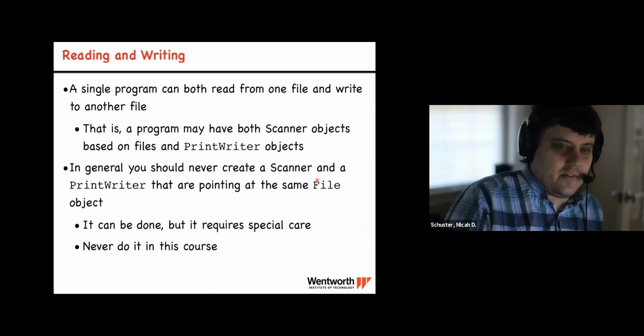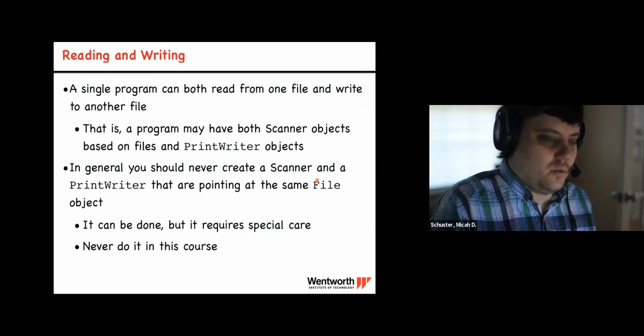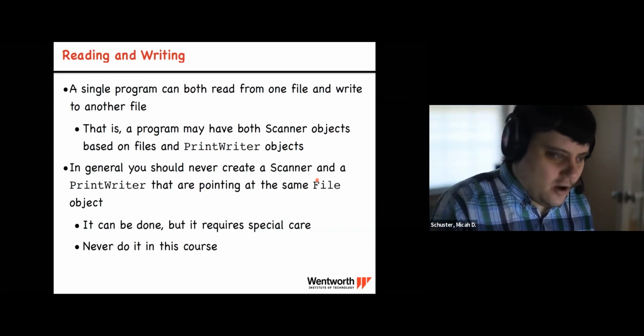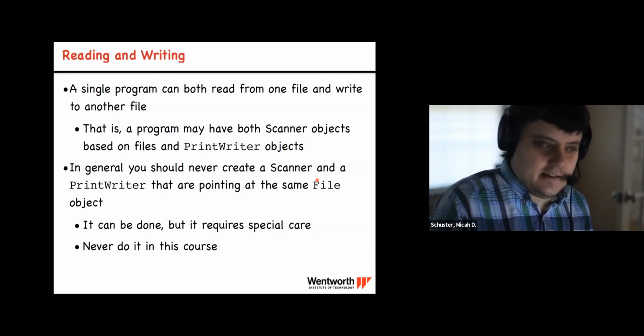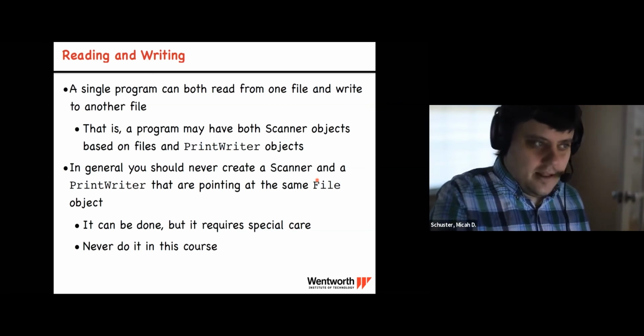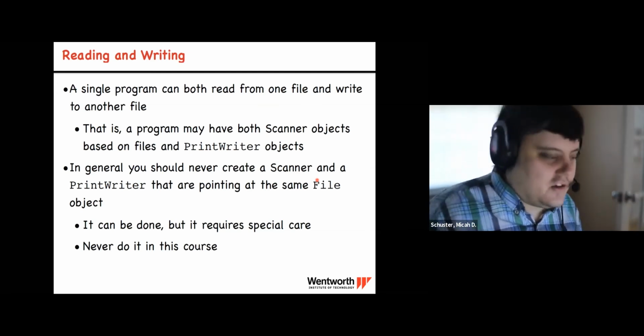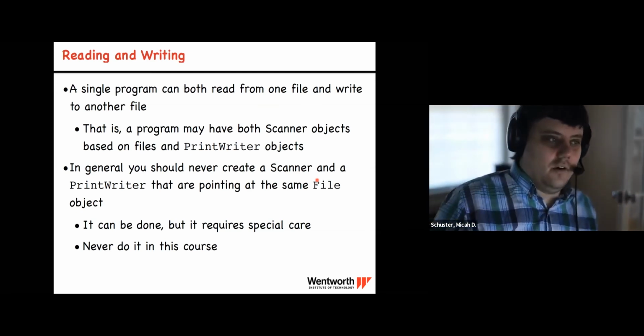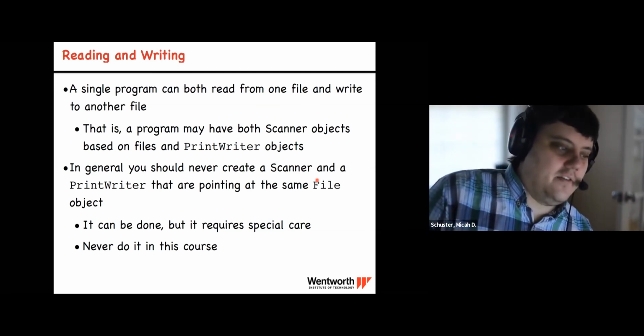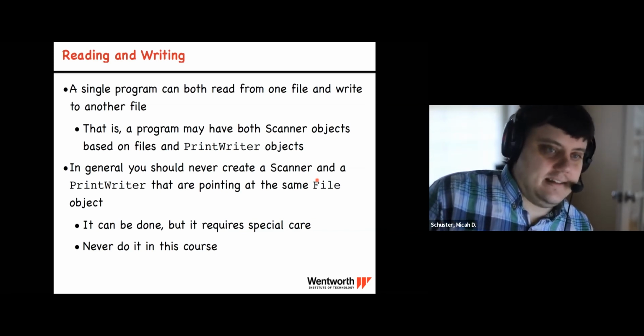It's the same sort of idea, but if you start writing to the file while you're reading it at the same time, then it's currently open. The buffer may not have written stuff out and you may be reading the wrong line. So there's stuff you have to do to be careful when you have a file open for reading and writing at the exact same time.